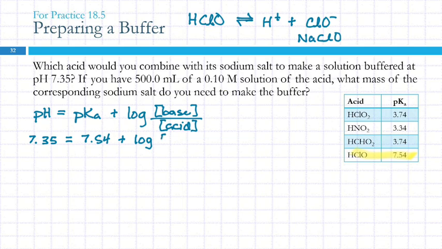So this is going to be the base concentration divided by 0.100. You following that? Then we have to solve this. If algebra is not your friend, use the solver.